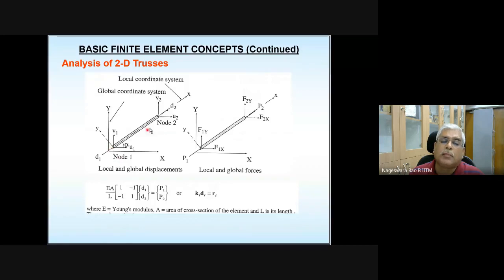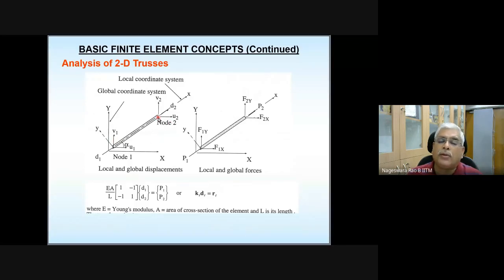The local displacements d1, d2 at each of the nodes, local displacement at node 1 d1, local displacement at node 2 d2, get resolved into u1, v1 and u2, v2. What is the relationship between d1 and u1, v1? That all comes from simply resolving d1 along the global x-axis and along the global y-axis.